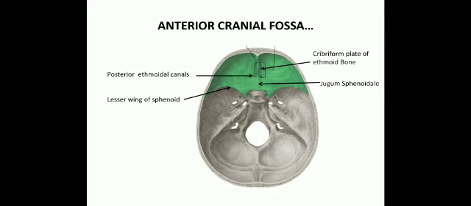Here we can see the lesser wing of the sphenoid, which forms the posterior border of the anterior cranial fossa. It is broad medially and continuous with the jugum sphenoidale medially, and the free posterior border fits into the stem of the lateral sulcus of the brain.